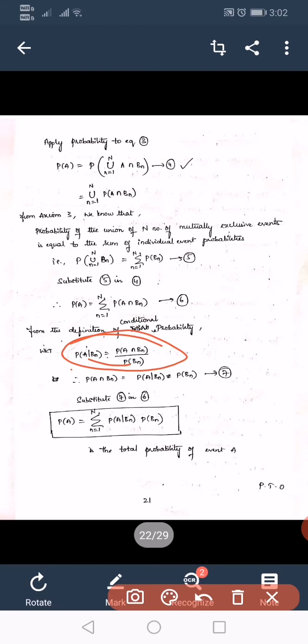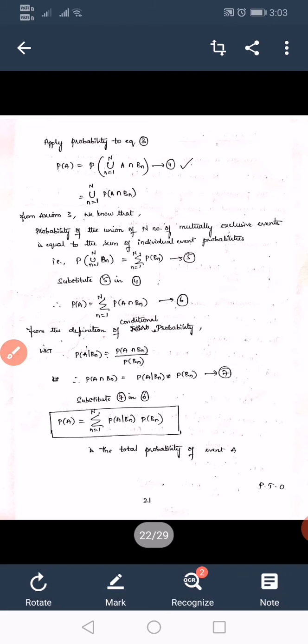Taking this to the left hand side, P of A intersection Bn equals P of A given Bn into P of Bn. Now substitute this P of A intersection Bn in equation number 6. P of A equal to summation n equal to 1 to N, P of A given Bn into P of Bn.